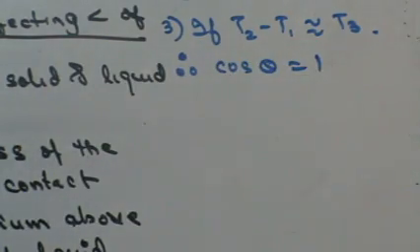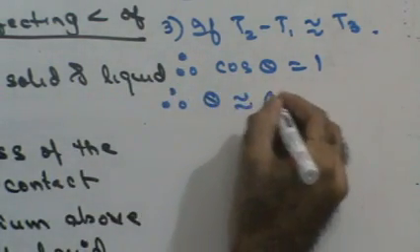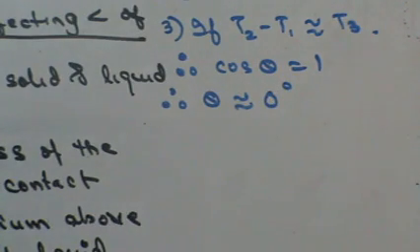Cos theta will be 1. If cos theta is 1, that means theta will nearly be equal to 0, approximately 0 degrees. That means instead of a drop being formed, you will have just a layer of water there. Do you get this clear?